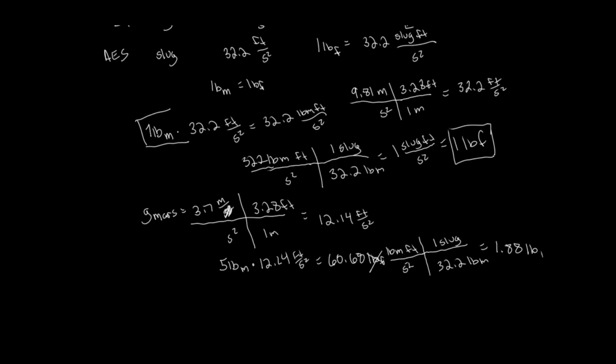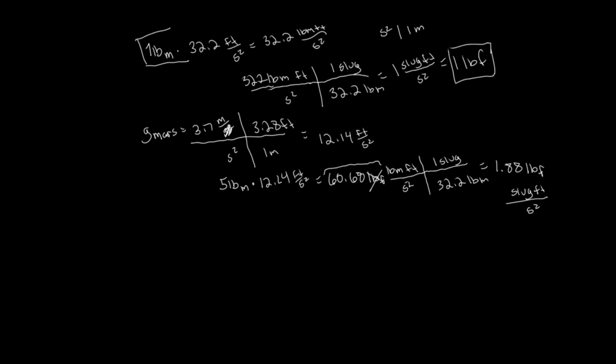And this is finally in pounds force, because our units here would be slug foot per second squared. So it's important that you understand this, because you don't want to get your answers wrong, especially on the test. This does not equate to a pounds force.